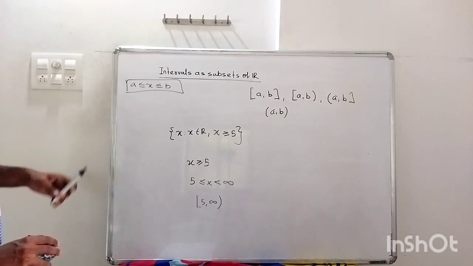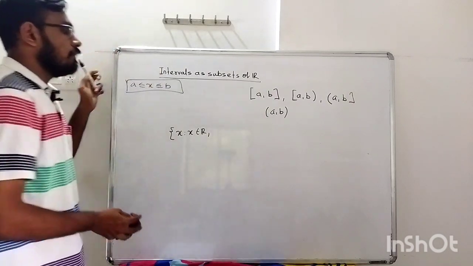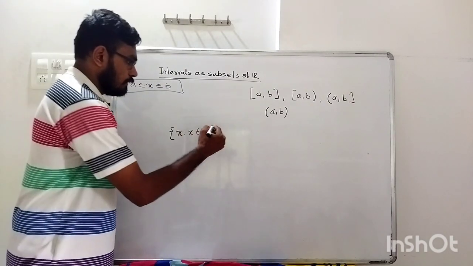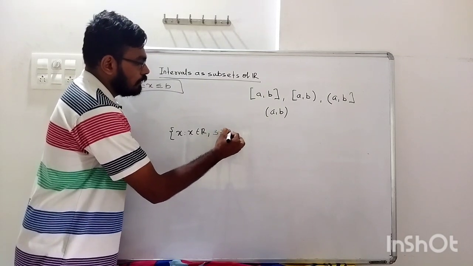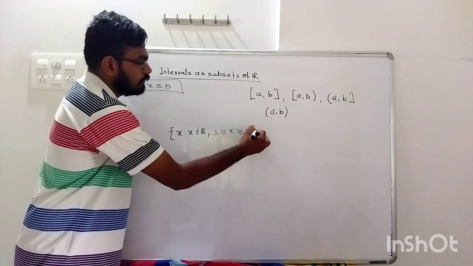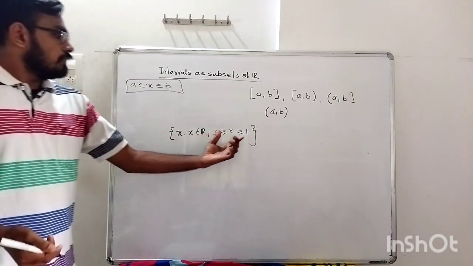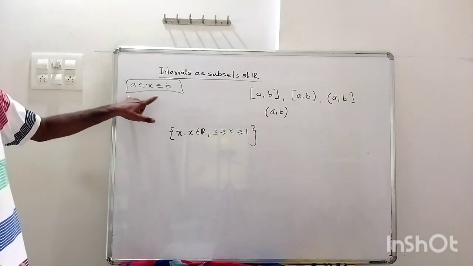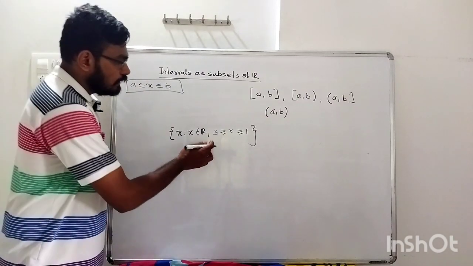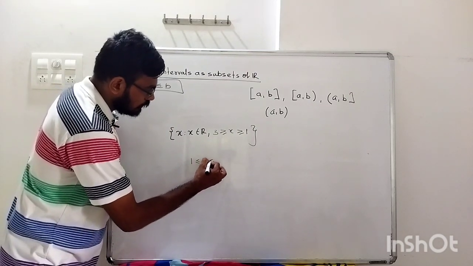So next, if I am given like this, 3 greater than or equal to x greater than or equal to 1, okay. So what to do? Just reverse this, okay, because we want it like this. So if 3 is greater than or equal to x greater than or equal to 1, we can write it like this, 1 less than or equal to x less than or equal to 3.